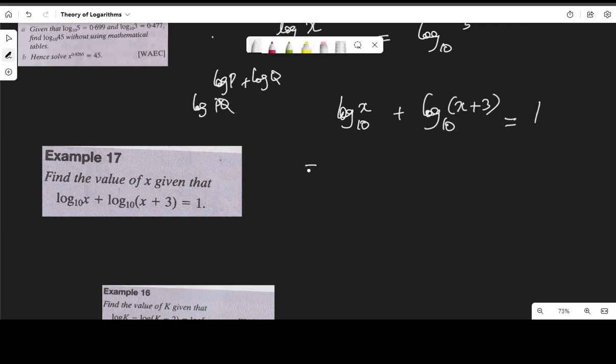And we have log x times x plus 3 to base 10 equal to 1, since logarithm of 10 to base 10 is 1. Now expressing this in index form, before I do that, let me distribute this. I'll have log x squared plus 3x to base 10 equal to 1.